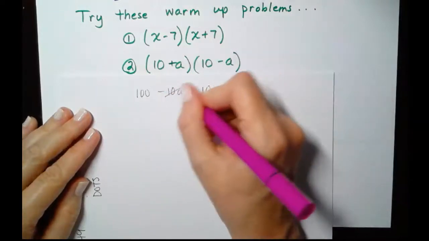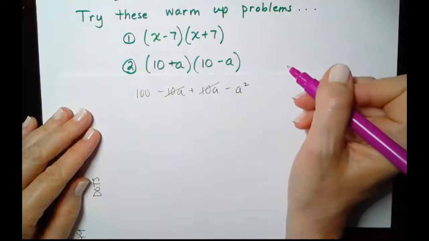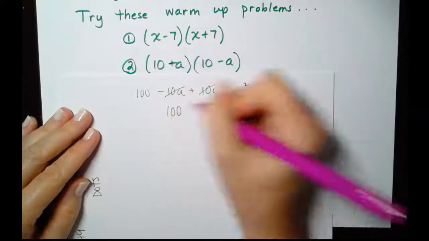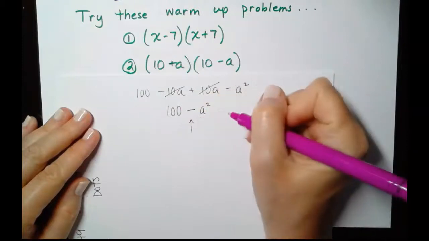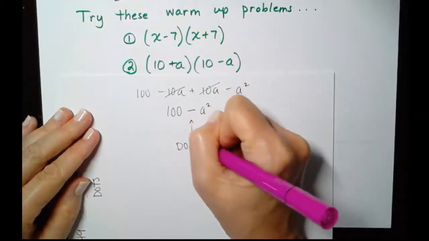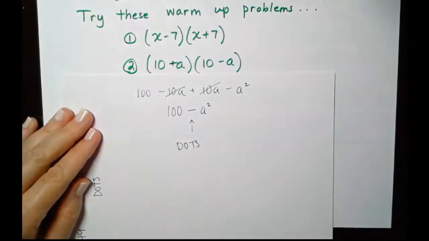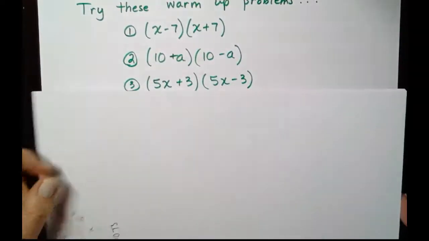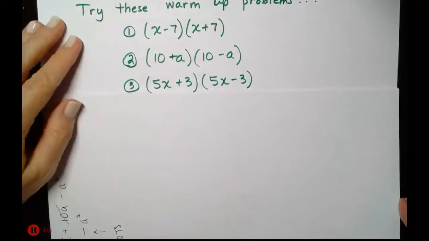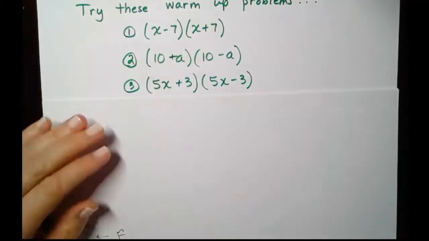Again, the middle terms cancel when we combine like terms, leaving us 100 minus a squared. This is the difference of two perfect squares. That's the DOTS again.